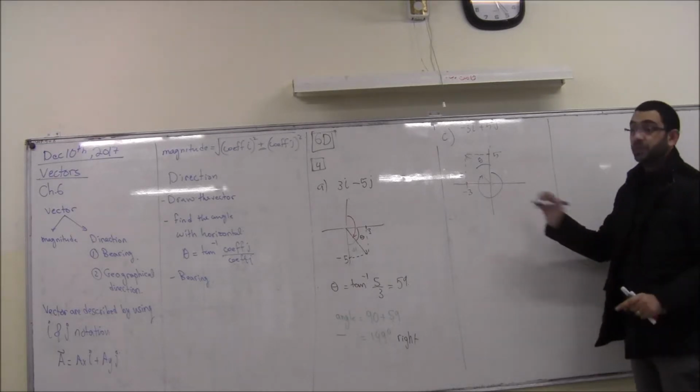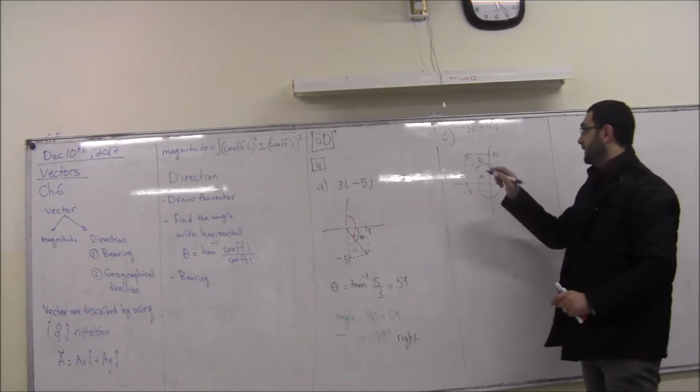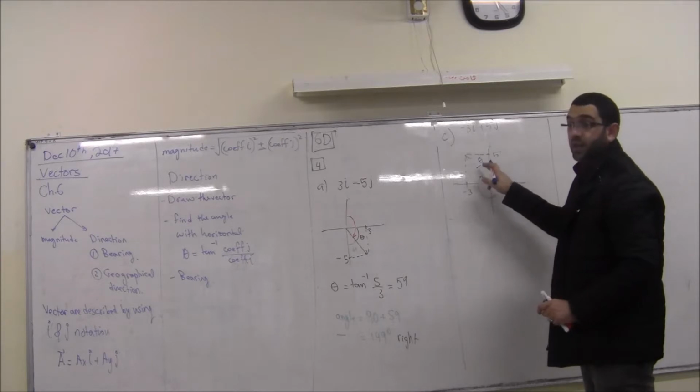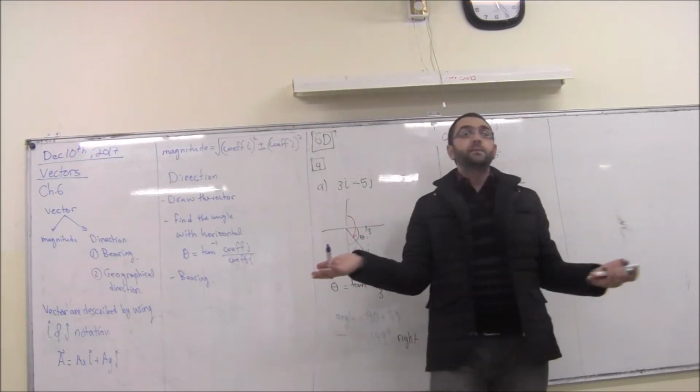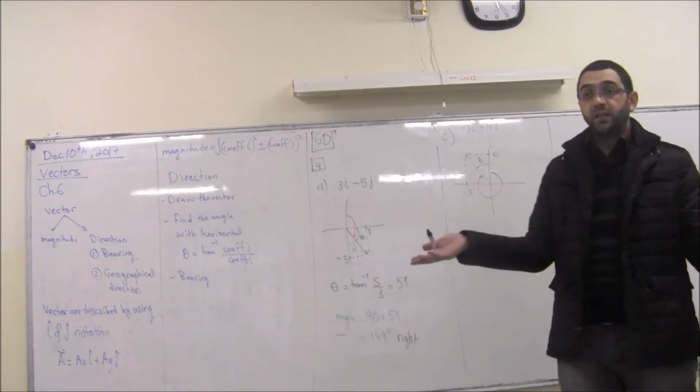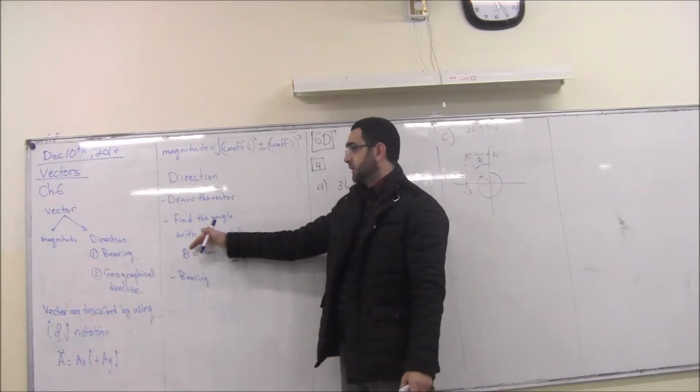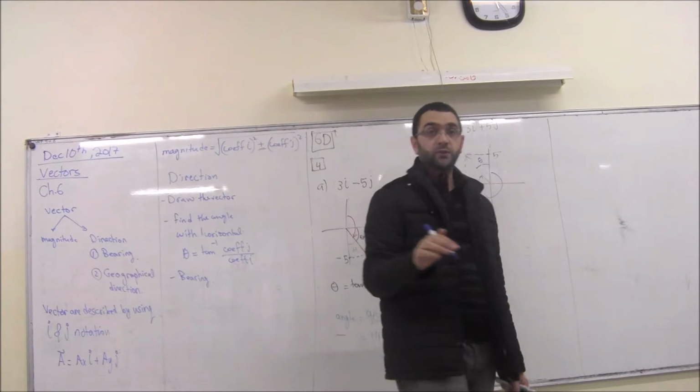Now it's not a bearing, so how can I find theta here? I can't take it as coefficient of j over coefficient of i, because it's with the y, not with the horizontal.